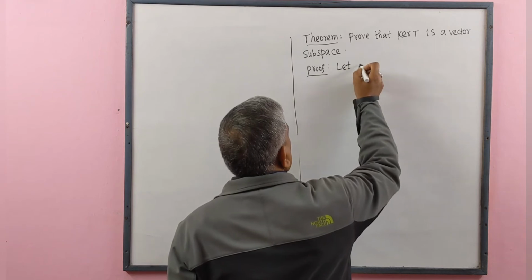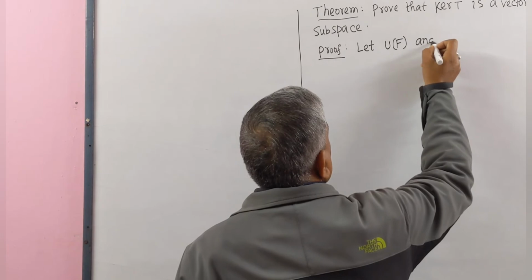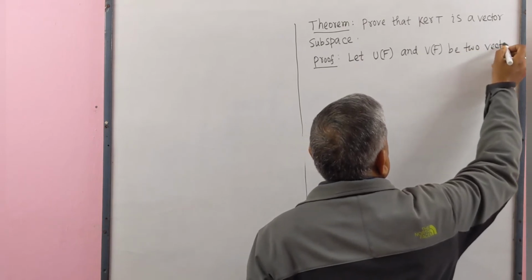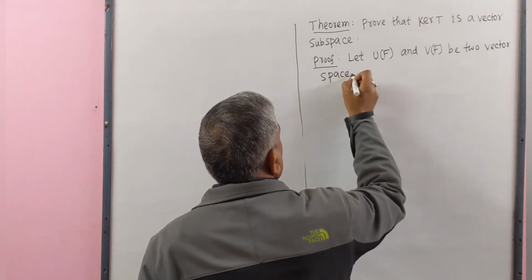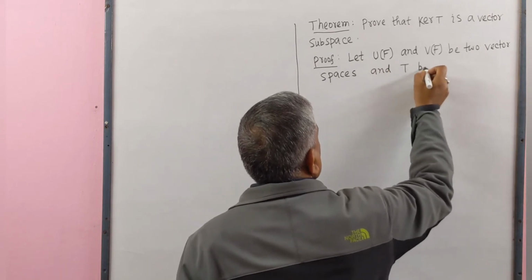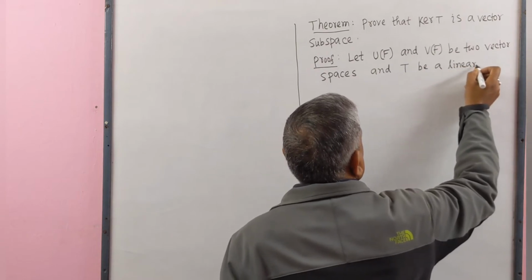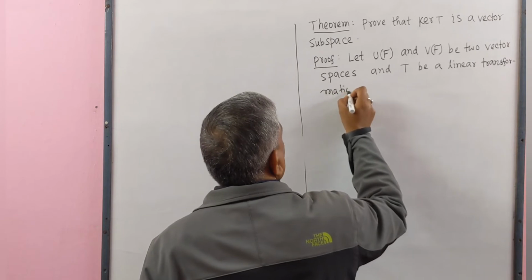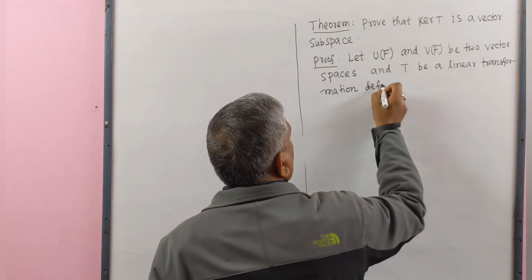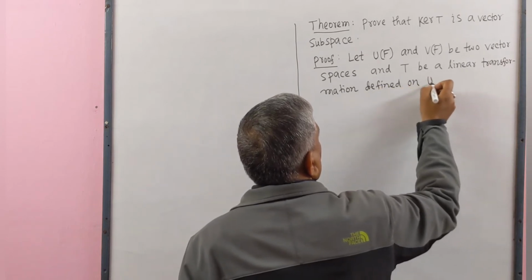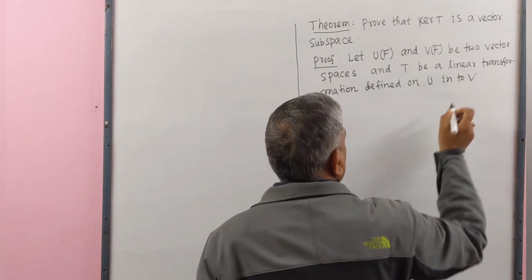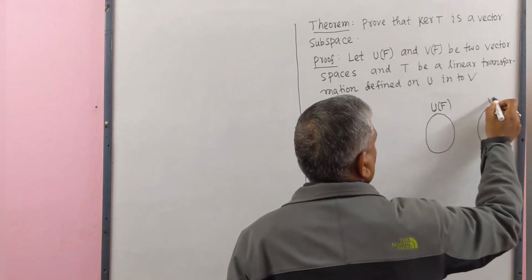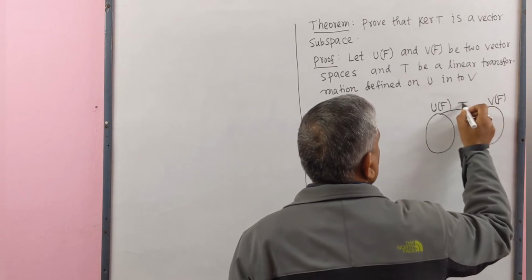Let UF and VF be two vector spaces, and T be a linear transformation or homomorphism defined on U into V. Here UF, and here VF, and T be the linear transformation.